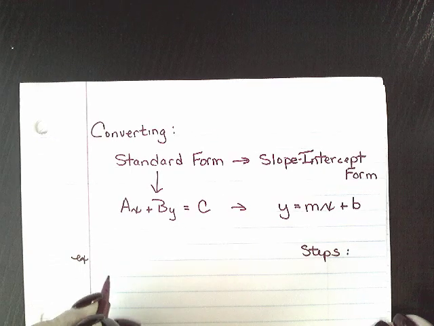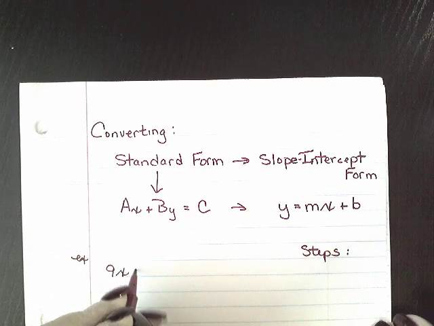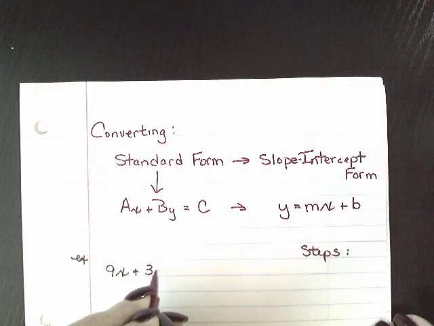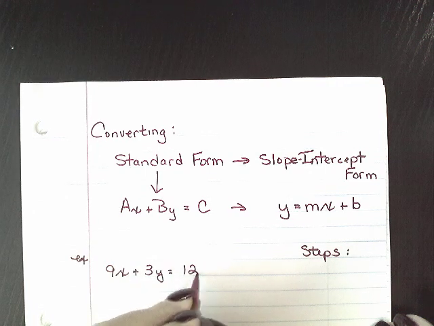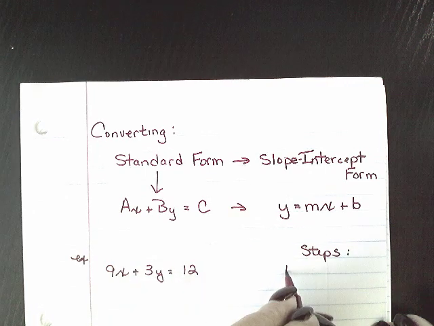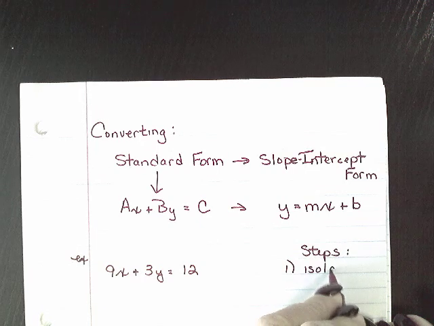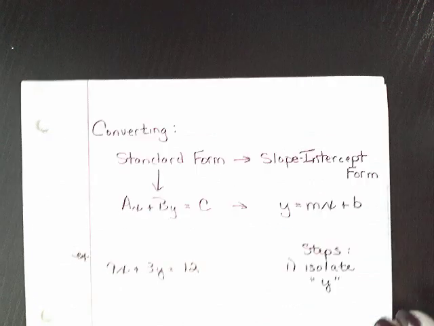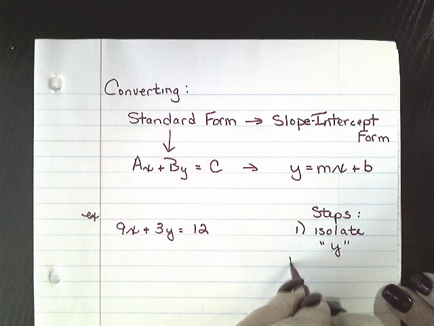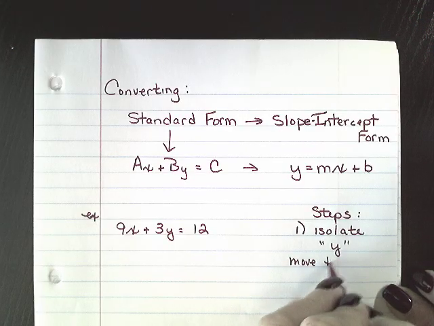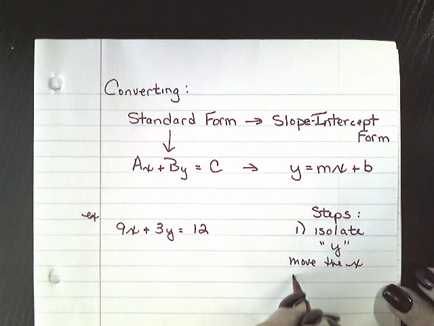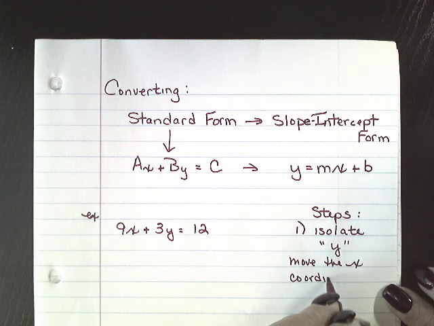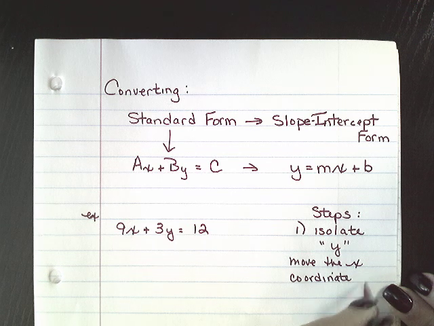All right, the example is going to be 9x plus 3y is equal to 12. Okay, the first step is to isolate y. So in order to isolate y, you have to move the x-coordinate to the right.